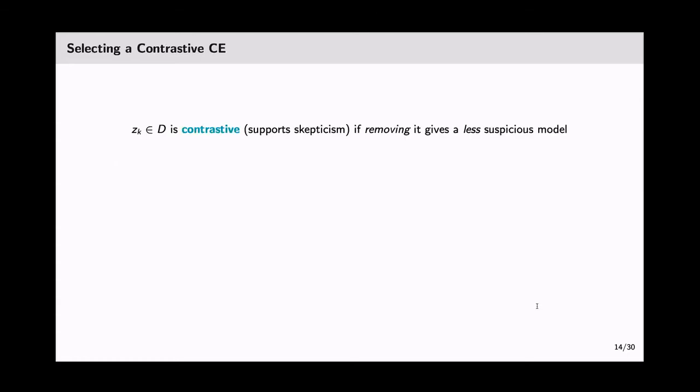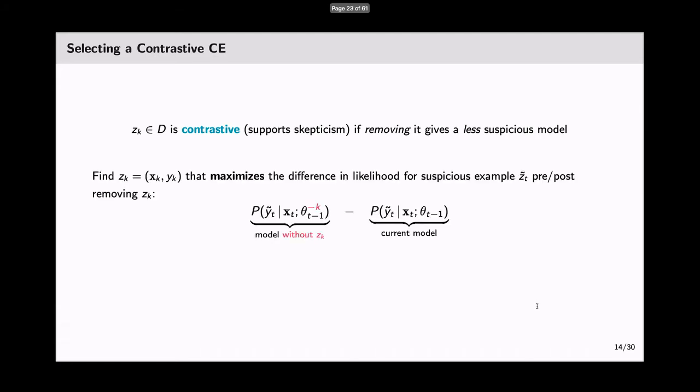So let's start from the first desideratum. The counterexample should be contrastive. So it should support the skepticism of the machine. And if we remove it from the training set, the model should be less suspicious. So the idea is that we should find the counterexample that maximizes the difference in likelihood for the suspicious sample pre and post removing the counterexample.